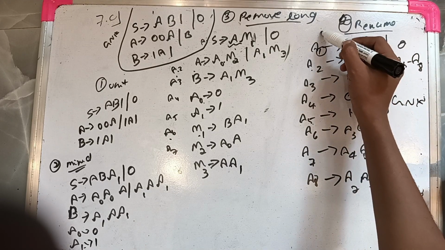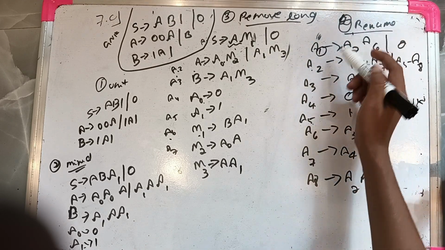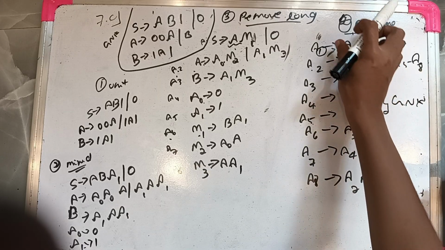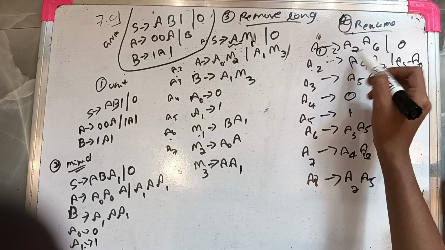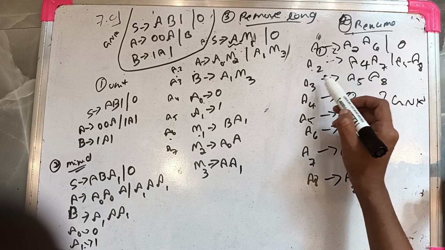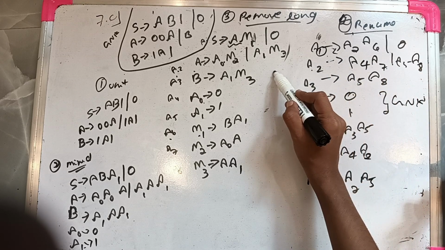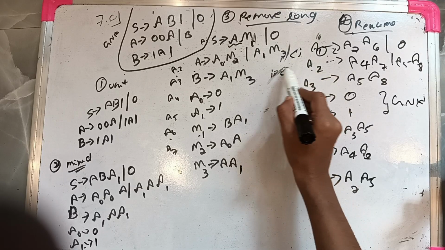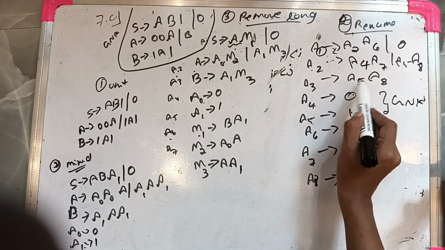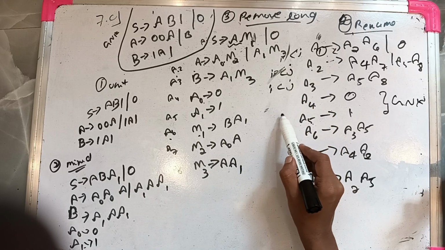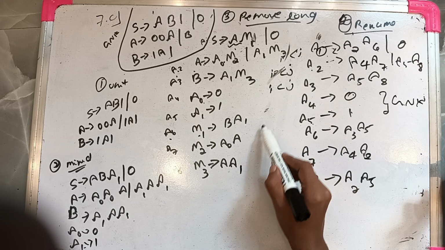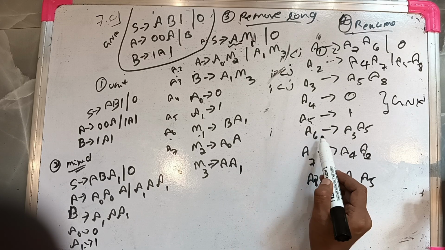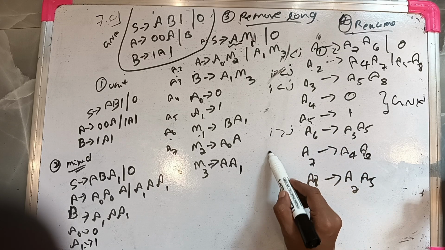Here I and J. I is 1, less than 2 and 6, correct? And here also 2 is less than 4 and 7. Here also 3 is less than this, and there is no need to mention that. Here 6 is greater than 3 and 5. Here I is greater than J.